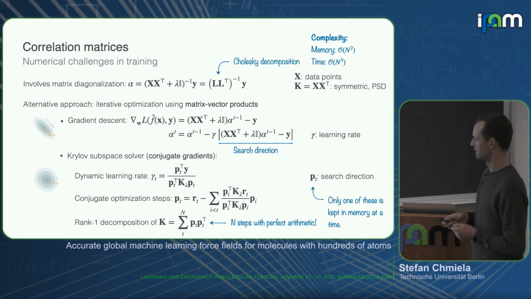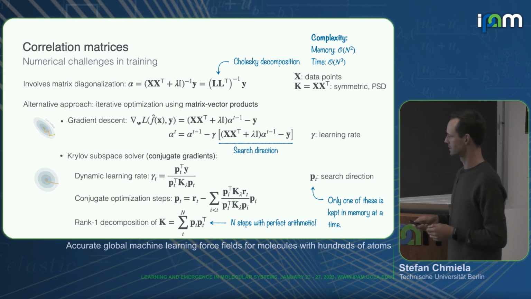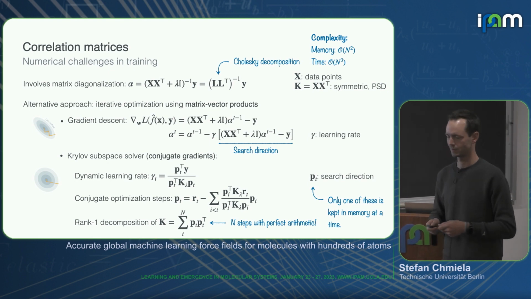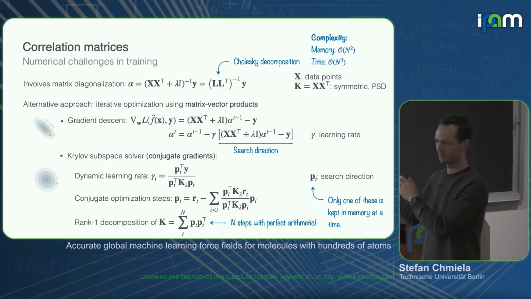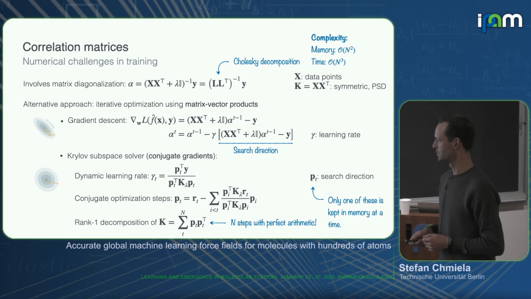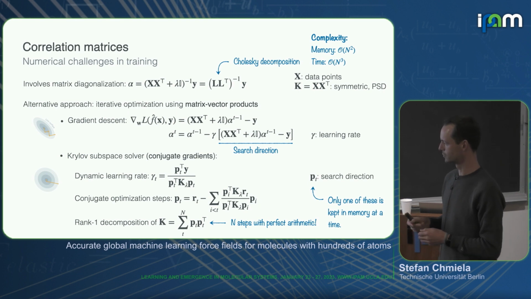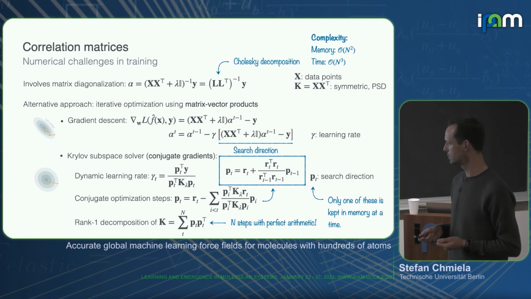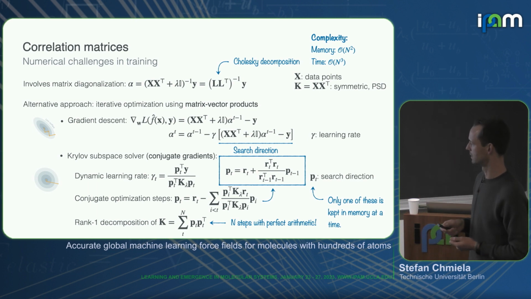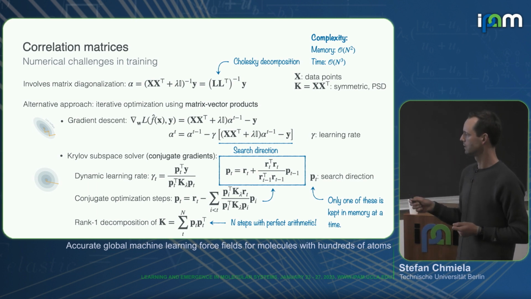Now, the big caveat here is that those search directions, you cannot store all of them, because storing them would incur the same cost as the original problem. So you have to find a way to ensure their orthogonality without looking at all of the past search directions. So usually this expression is written a little differently in a way that only depends on the last search direction.